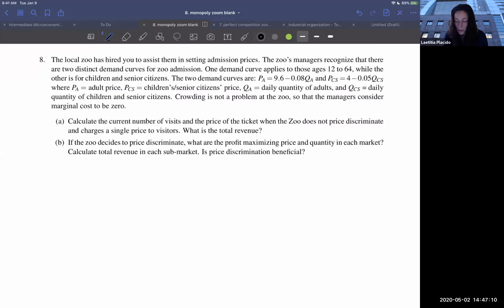Okay, so here we just want to find the equilibrium of a non-price discriminating monopolist. So how do we do that?